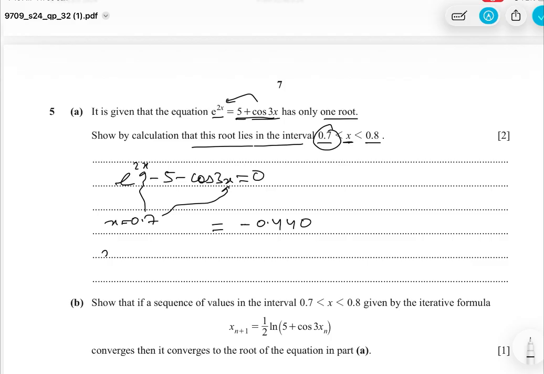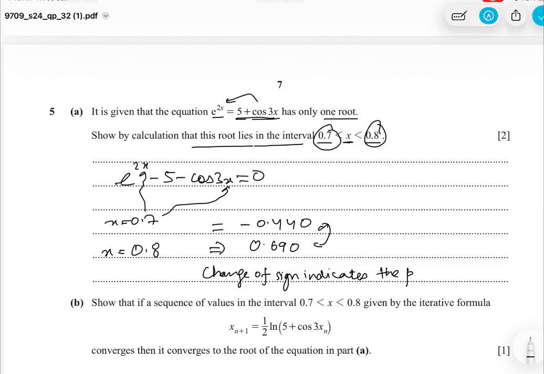All right. Now put x equals 0.8 and you will get your answer as 0.690. Can you see the change of sign? So change of sign indicates the presence of a root.